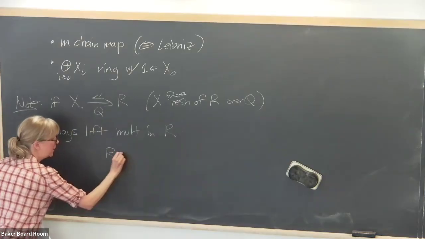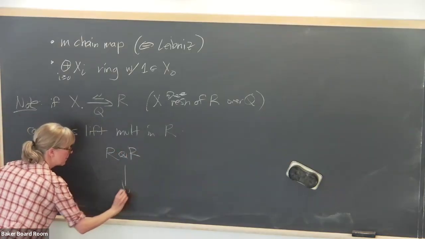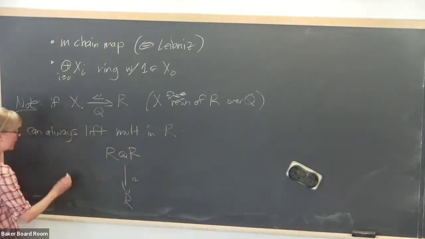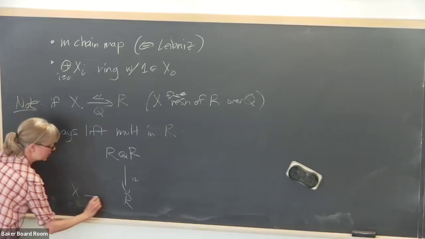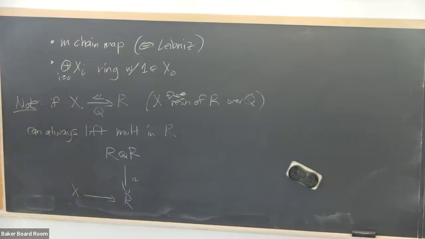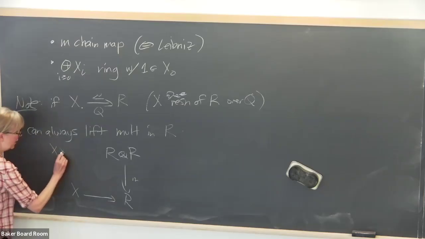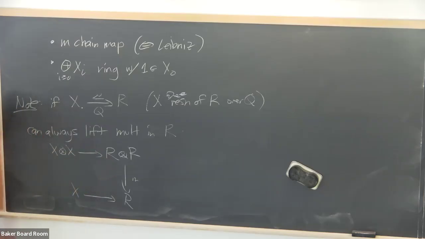So you have multiplication in R, let's call it M. Then X is the resolution of R, so I have a map from the complex to R. And therefore I also have a map from X tensor X to R tensor R. So I have all these maps of complexes.